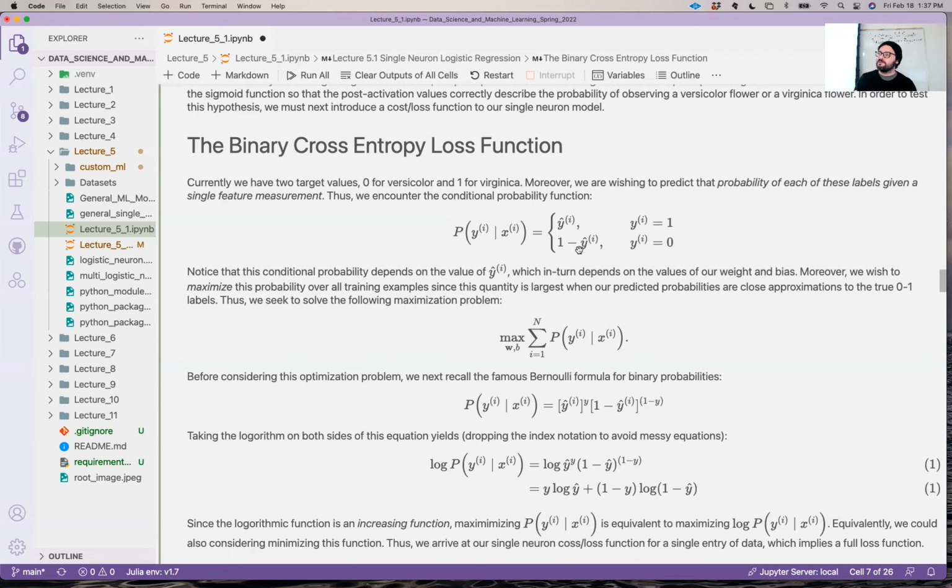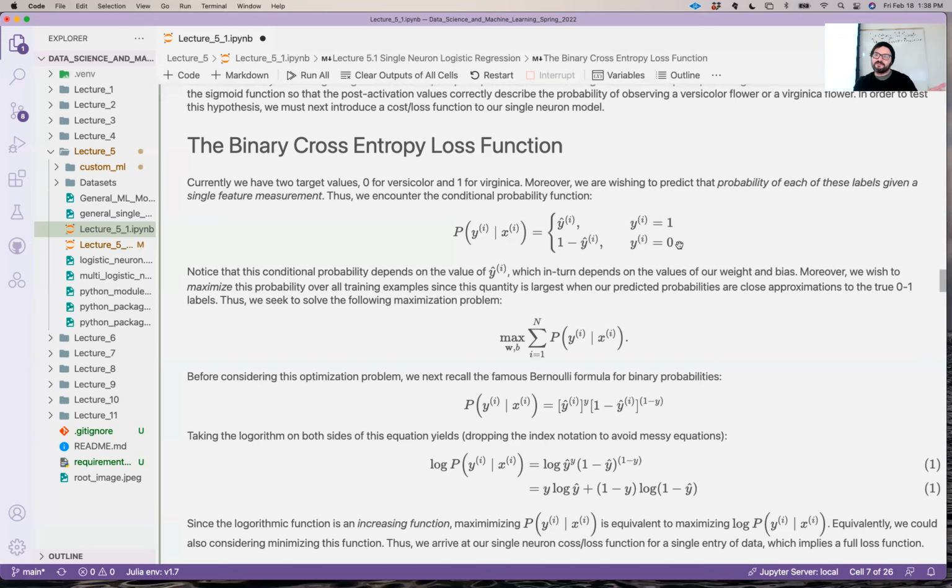If we're doing bad, on the other hand, and we're not ever really getting close to the correct label, then if the label is a 1, we would predict like 0.001.